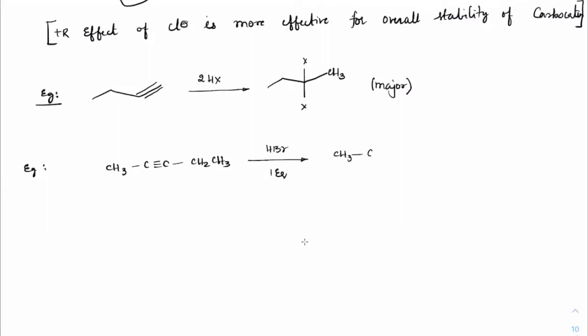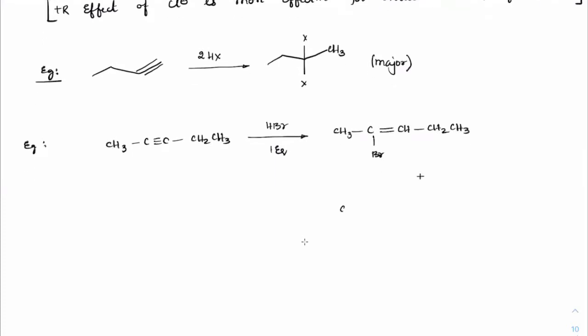We can get CH3 CHBr double bond CH and CH2 CH3. This is one product. The other product you can get is CH3 CH double bond CBr with CH2 CH3.